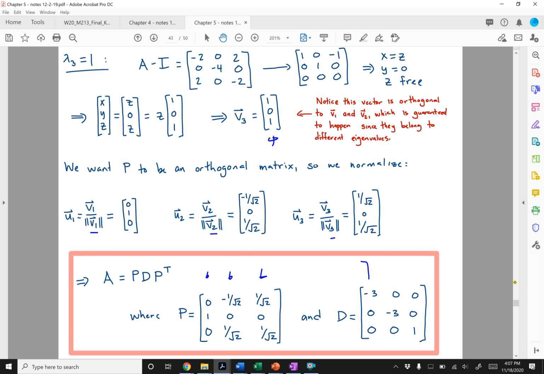Again, you've got to be careful to make sure that things line up. These first two vectors correspond to the eigenvalue of -3. The last one corresponds to the eigenvalue of 1. And finding the inverse of P is easy. Boom, we transpose it, and we can write A as that. So it's very nice.